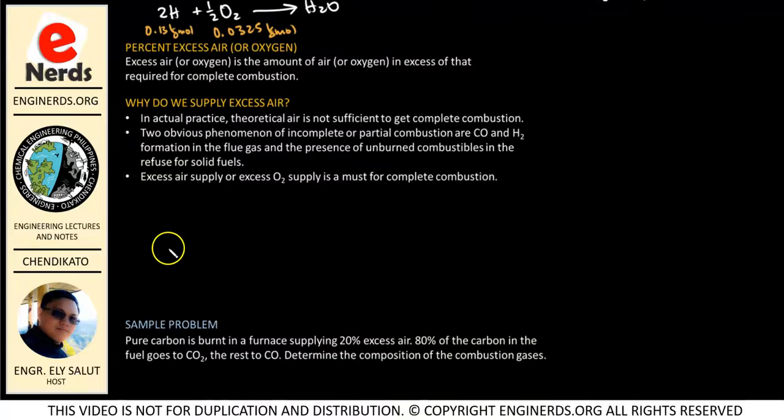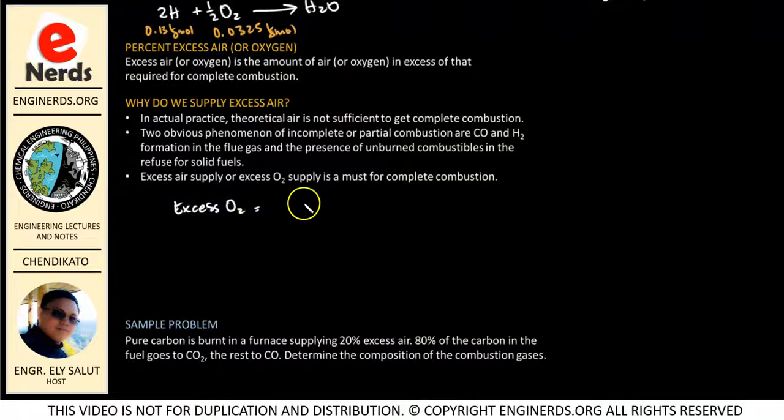Okay, so napag-usapan na natin nakaraan kung ano yung formula for excess air, no? So let me just write it again. So sinabi nga natin before, no, yung percent excess O2 is equal sa percent excess air. So ano ba ibig sabihin ng excess O2?